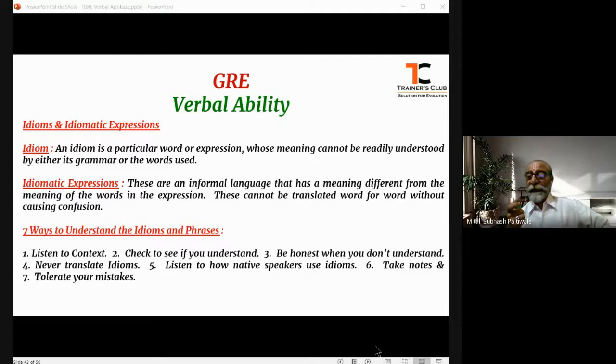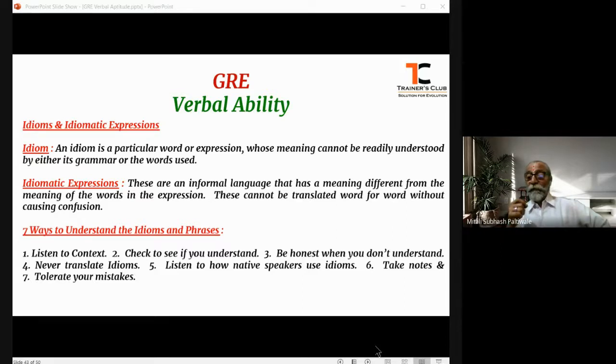The reason being, the literal meaning of the sentence is something different, but the hidden or internal meaning of that particular idiomatic expression would be entirely different. This is the reason we cannot translate the idiomatic expression literally, word by word, into any other language.